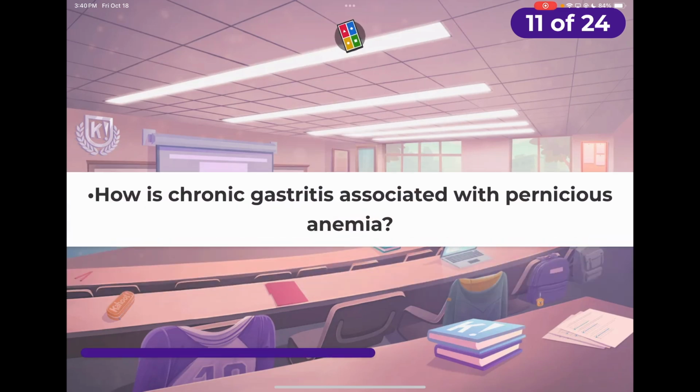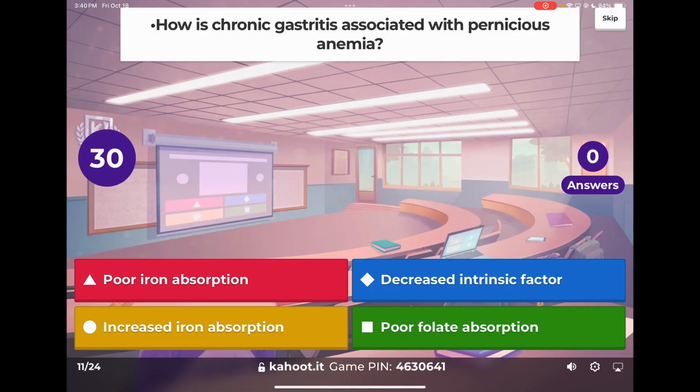How is chronic gastritis associated with pernicious anemia? What's the link? Think about gastritis. What are we not producing when you have gastritis?